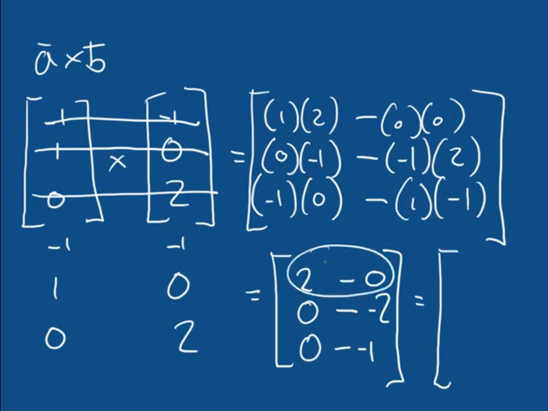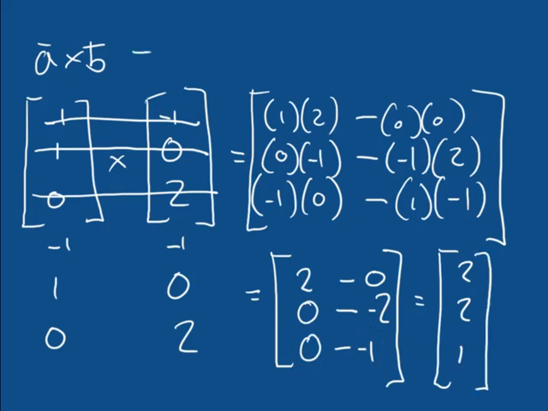So 2 minus 0 is 2. 0 minus minus 2 is 0 plus 2, which is 2. And 0 minus minus 1 is 0 plus 1, which is 1.